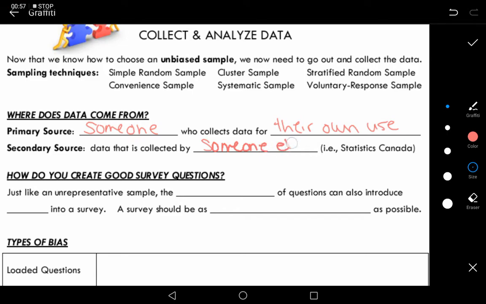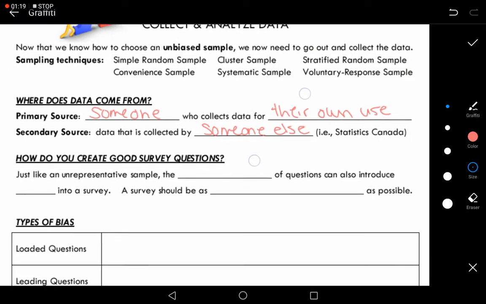So primary is you actually going out and collecting the data yourself. Secondary is using that data that somebody else has collected. So for example, Statistics Canada. I'm sure at some point you have gone on Google and searched the population of somewhere, and you likely got that population from somebody like Statistics Canada.